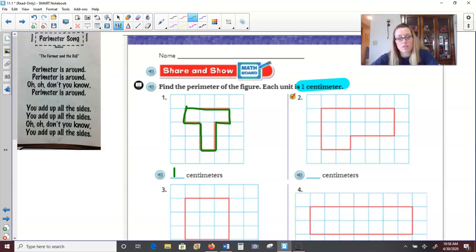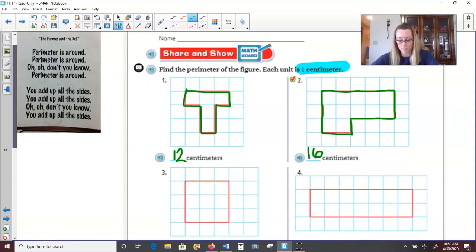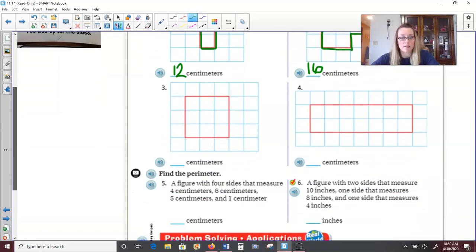So 12 centimeters for the perimeter of that polygon that looks like the letter T. Number 2, 1, 2, 3, 4, 5, 6, 7, 8, 9, 10, 11, 12, 13, 14, 15, 16. 16 centimeters for that shape. That had 6 sides, so it's a hexagon.